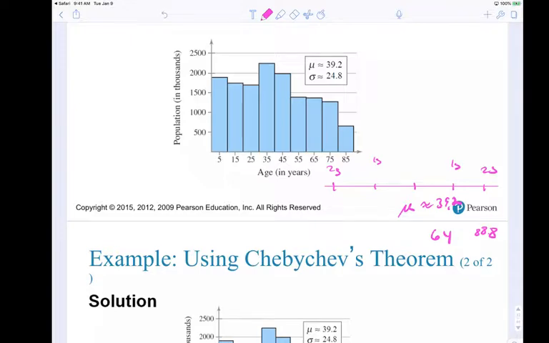Hey Siri, what's 39.2 minus 24.8? 39.2 minus 24.8 is 14.4.